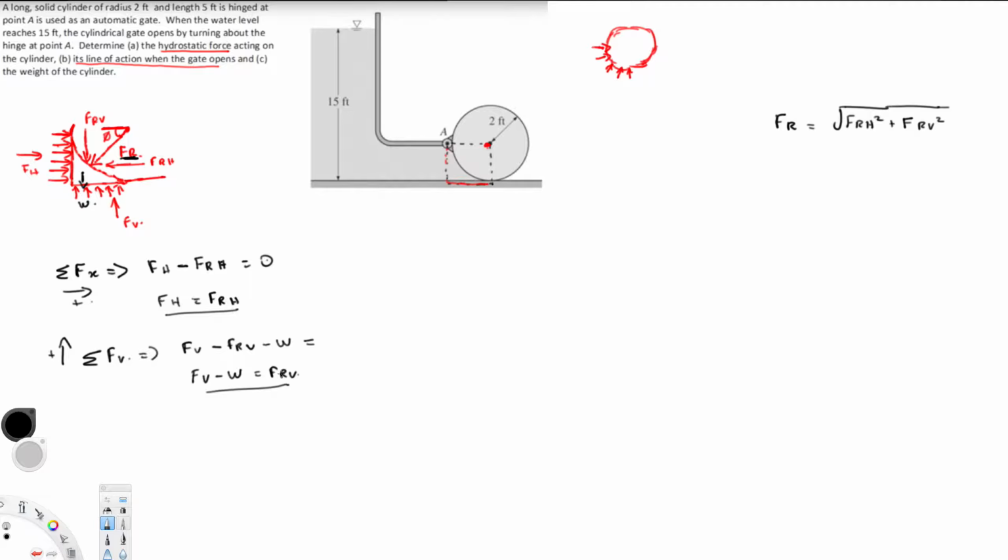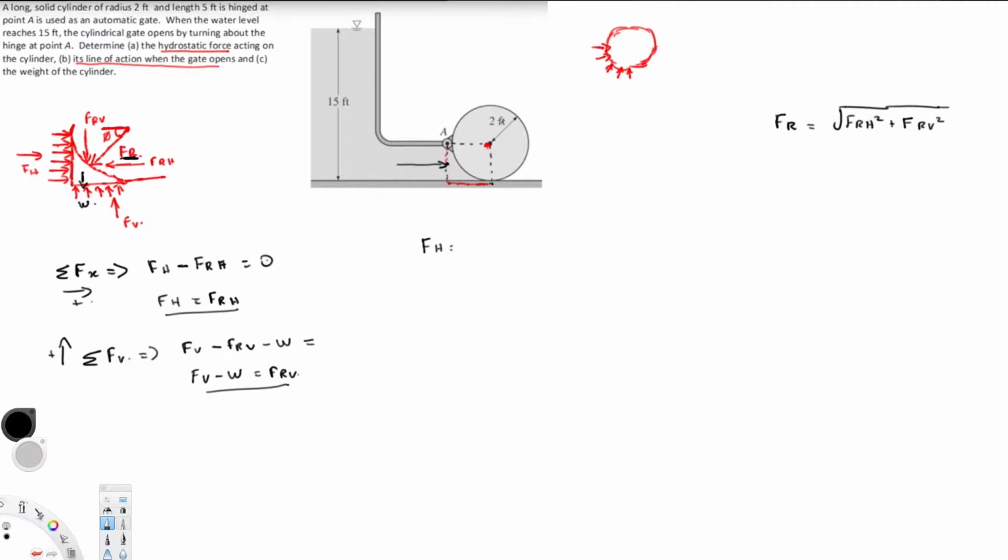So let's see. If we go further, we have the horizontal force that's equal to FRH, and let's see how we can find the horizontal force. The horizontal force can be calculated from the average force acting on this one. The average force can be calculated from the pressure acting at the centroid.